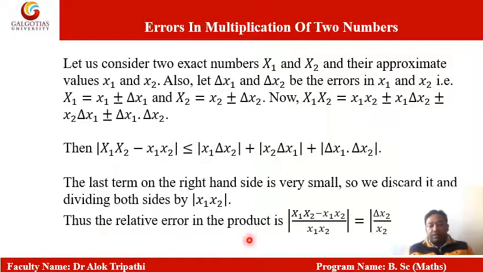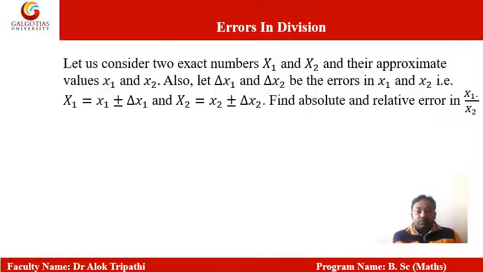So relative error in this product will be equal to mod of X1 X2 minus small x1 x2, this becomes absolute error, which is divided by mod of X1 X2. So you'll get delta x2 divided by x2, its absolute value, plus delta x1 divided by x1, its absolute value. We have discarded this term.